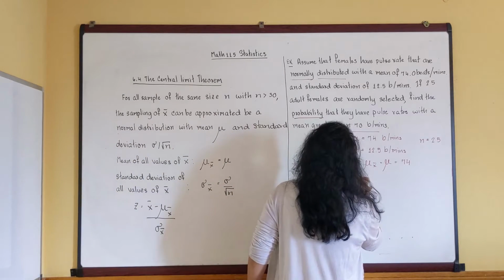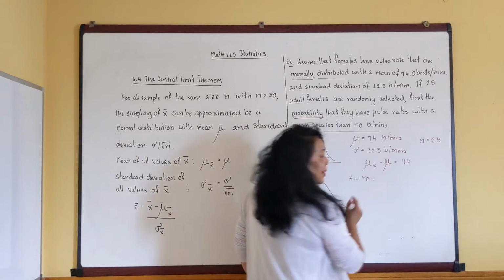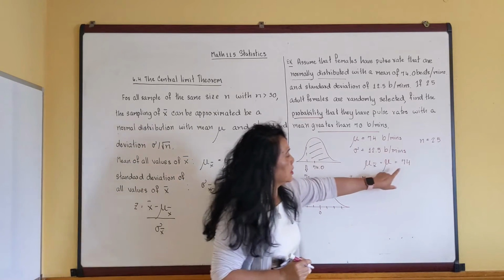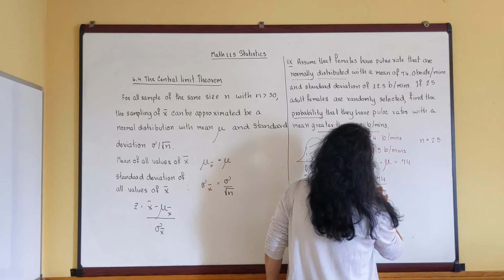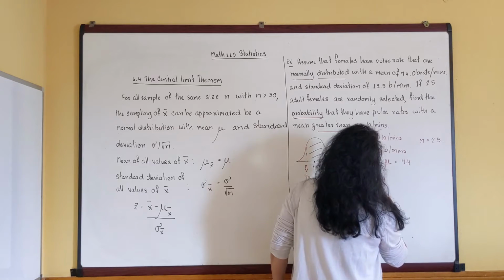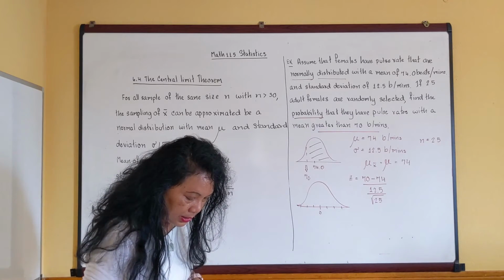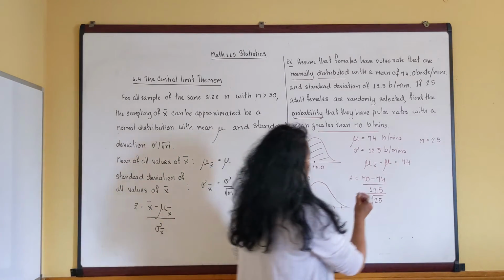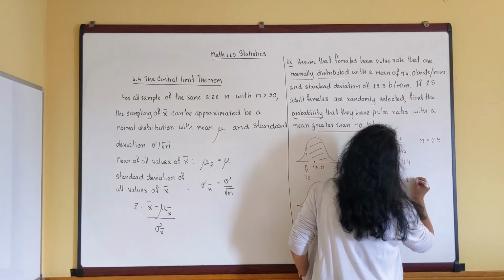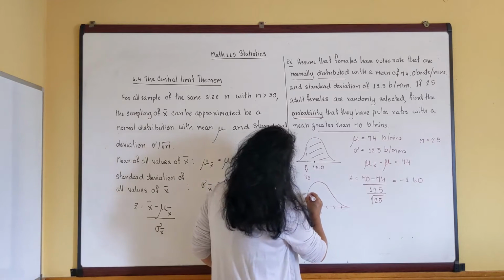So z is equal to x bar, which is 70, minus mu x bar, which is 74, divided by the standard deviation 12.5 over the square root of the sample size 25. If I calculate this, it's going to be negative 1.60. So negative 1.6 is somewhere here.